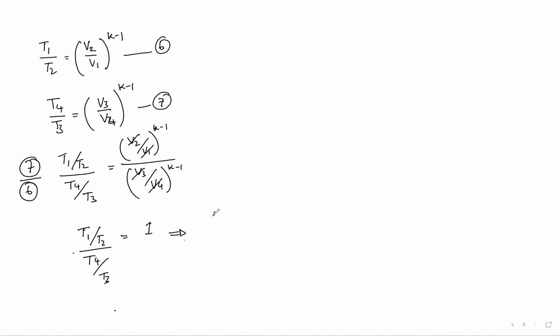From here, T1 over T4 equals T2 over T3, which gives me T4 over T1 equals T2 over T3.